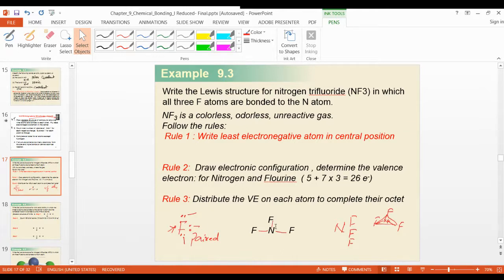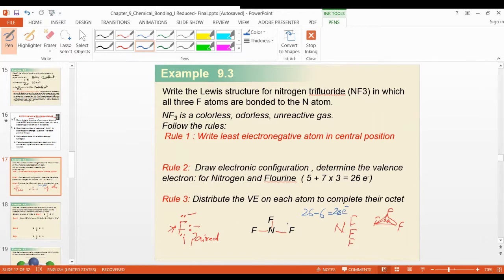Just tell me now, how many electrons did I add here in terms of bond formation? 6 electrons, because there are 3 bonds, and each bond contains 2 electrons. So now 26 electrons, you will write here 26 minus 6, then 20 electrons left.